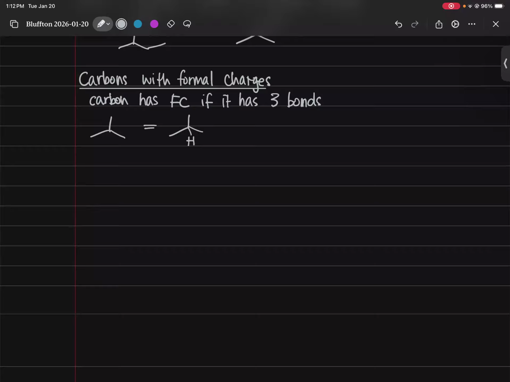Okay, there's one hydrogen there. And so here carbon actually has 4 bonds. And in all of these cases, we're talking about the carbon in the middle here. So that middle carbon has no formal charge. So it's got 4 bonds: 1 bond to hydrogen, but 4 bonds.